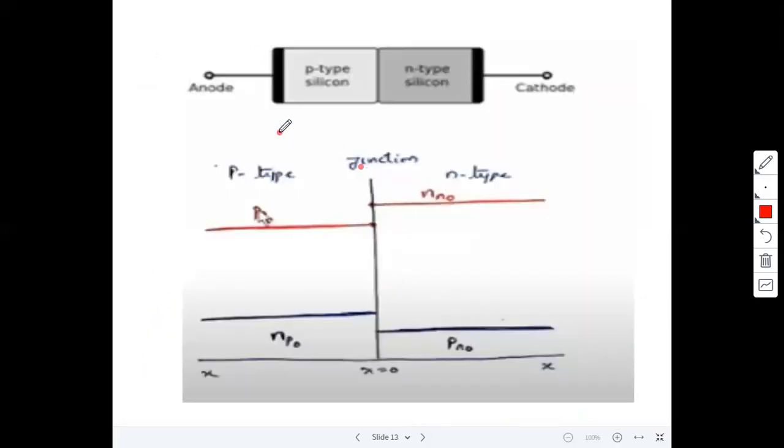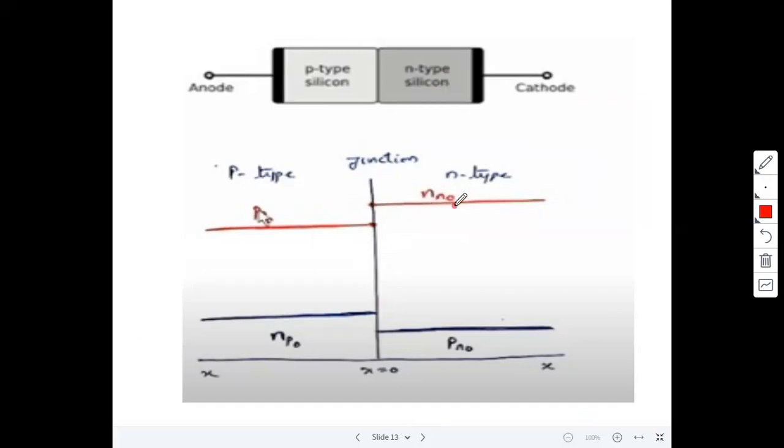Now observe here, before entering into the diode switching times in detail, this is the open circuit diode. This is the anode, this is the cathode, this is p-type silicon, and this is n-type silicon. This shows the majority and minority concentrations.